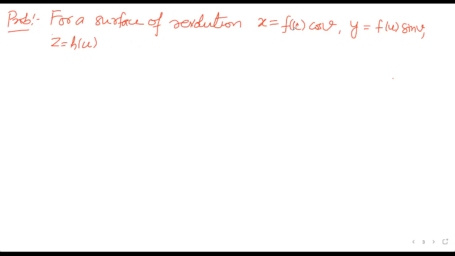So for a surface of revolution, show that K is equal to, that means K सिंबल आपका गॉसियन कर्वेचर का है.